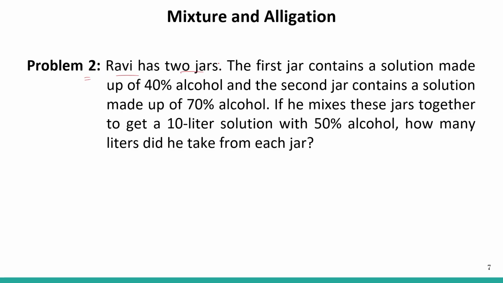Ravi has 2 jars, jar 1, J1, and jar 2, J2. The first jar contains a solution made up of 40% alcohol, and the second jar contains a solution made up of 70% alcohol.